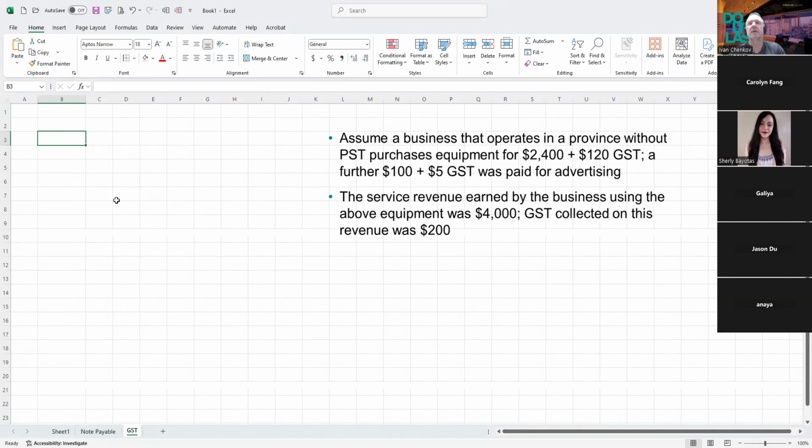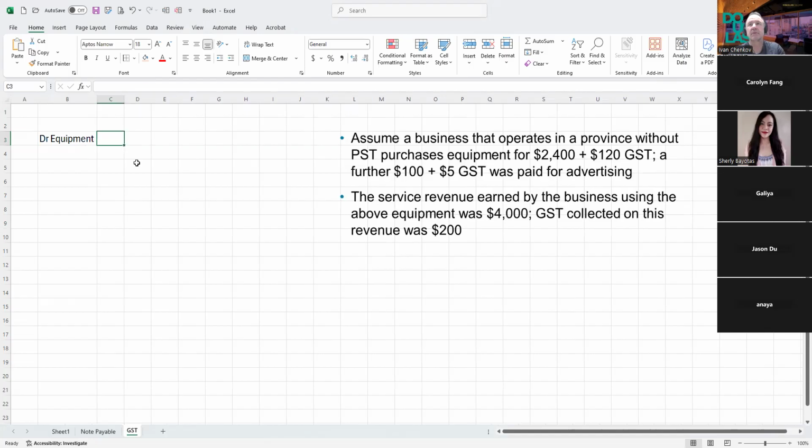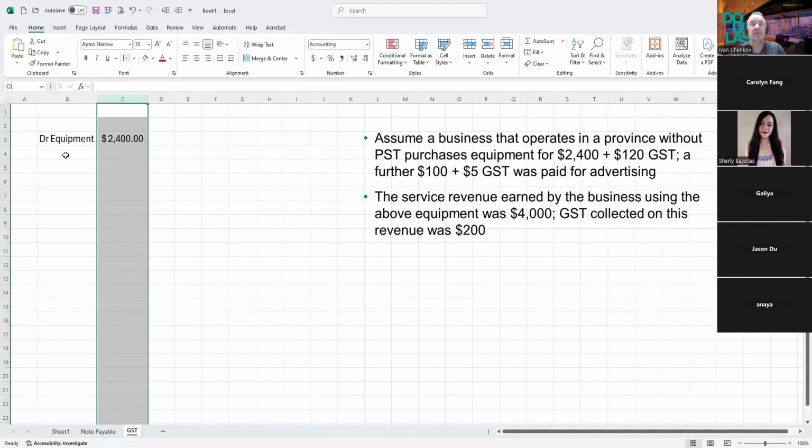First journal entry, let's purchase the equipment. Debit. What will be our debit? We purchase the equipment. Equipment, and for that equipment, the cost is $2,400. Next thing that we paid was the GST.